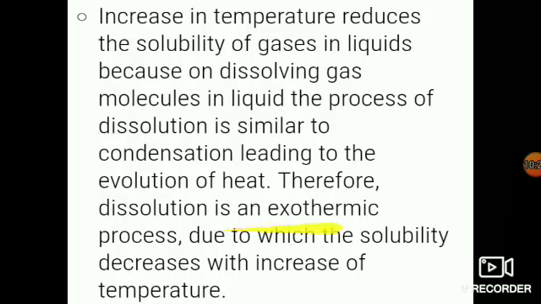Therefore, dissolution is an exothermic process, due to which solubility decreases with increase in temperature. So in a solution prepared by dissolving gas into the solvent, if you increase the temperature, solubility will decrease. This is the reverse case.